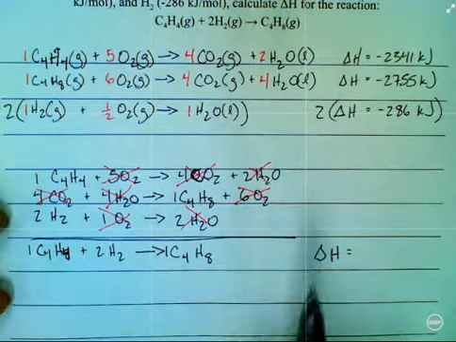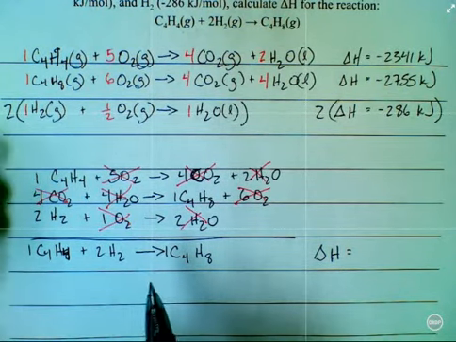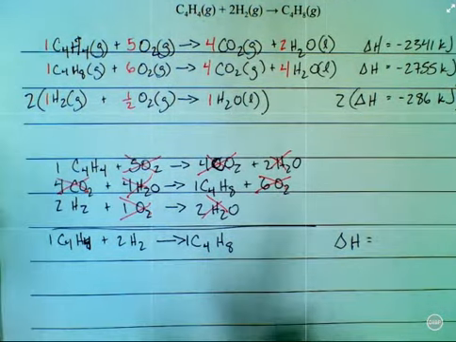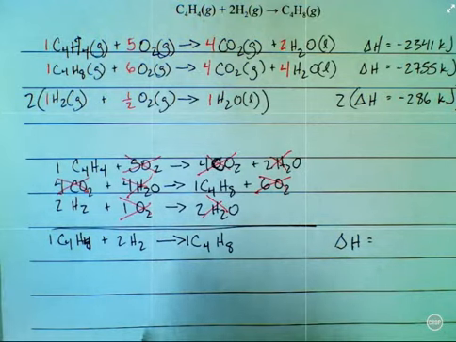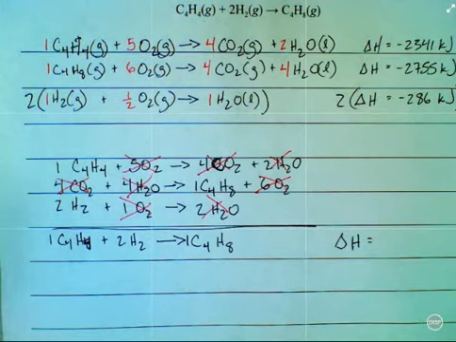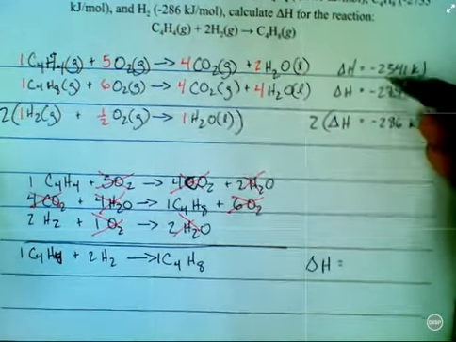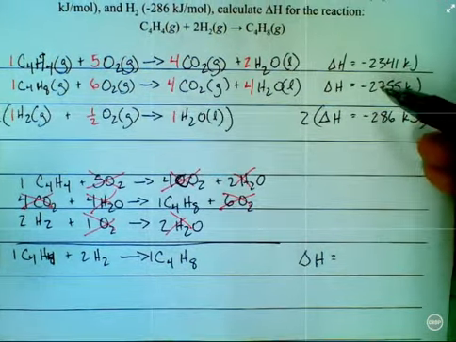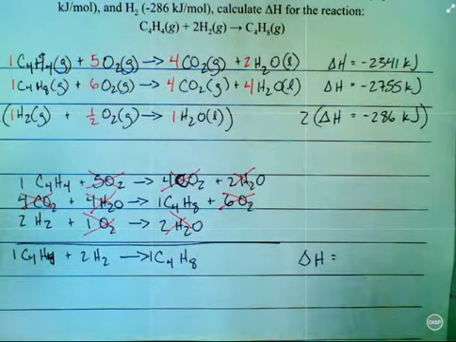Now, what I've done here is I've set up 3 different intermediate reactions that will result in the final reaction. I do this because, as per the first law of thermodynamics, the conservation of energy, these 3 steps together will equal this final overall step. This is a state function.